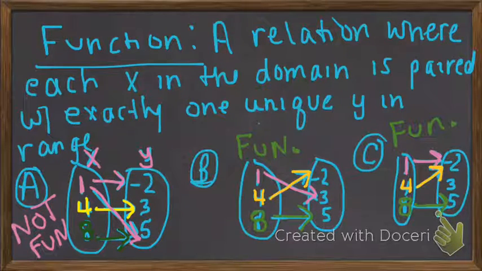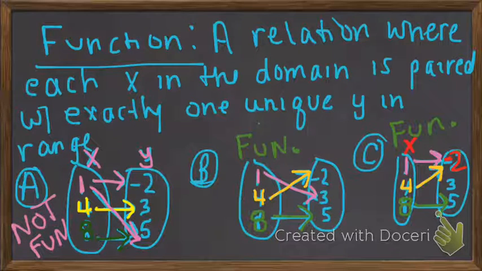Even though this -2 is paired up with 1 and 4, it's always from the perspective of the x. So if I look at the perspective of 1, 1 is only paired up with -2. Now think about these as people.